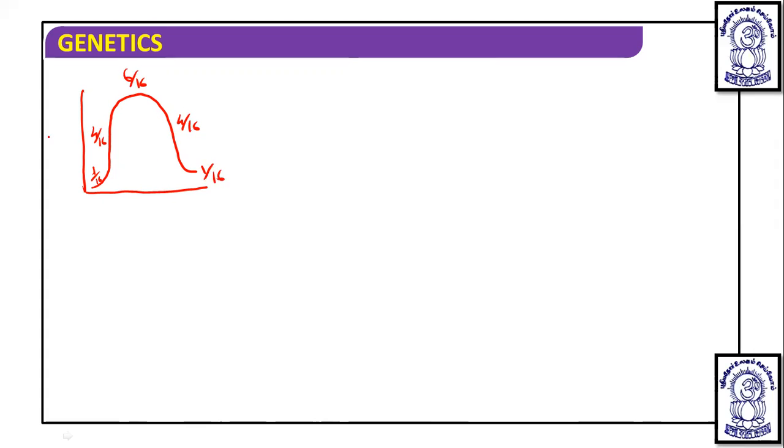If you see this phenotypic ratio and draw a curve, you will see a bell-shaped curve is obtained. So this is for two genes. If they show polygenic inheritance, then this phenotypic ratio will be obtained in the F2 generation.